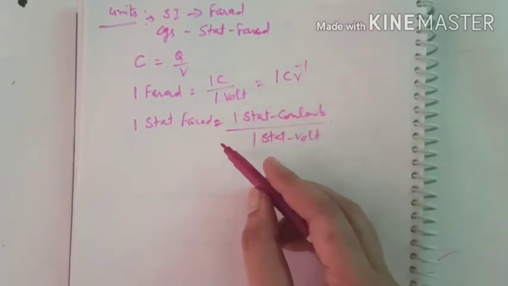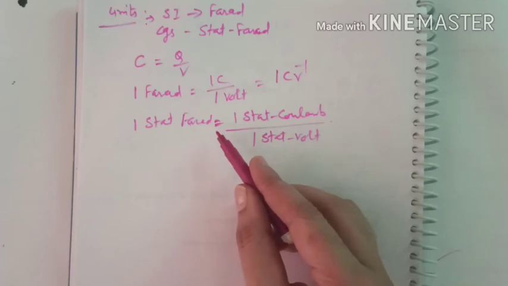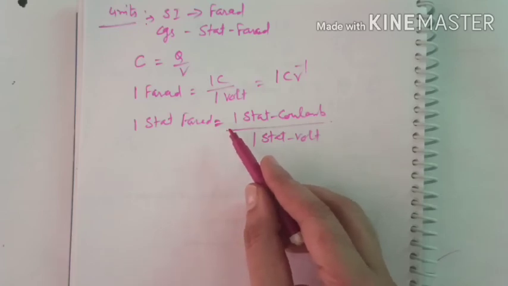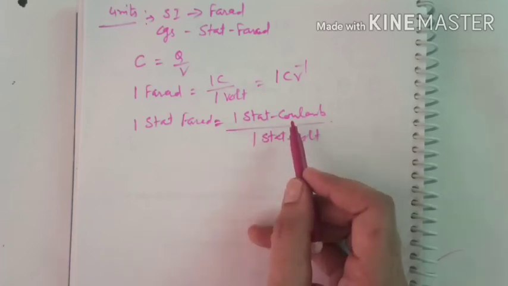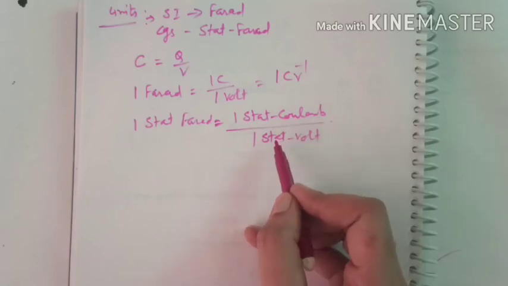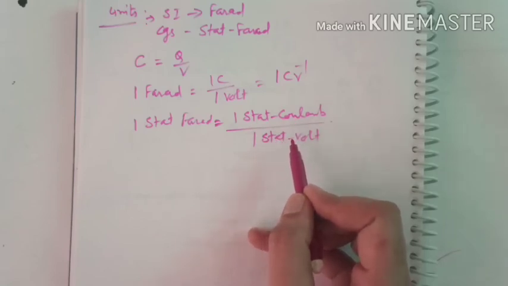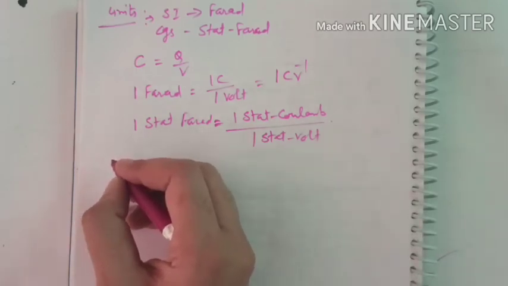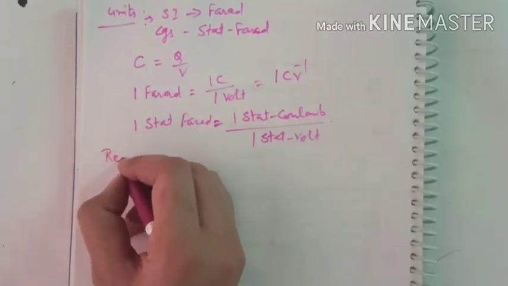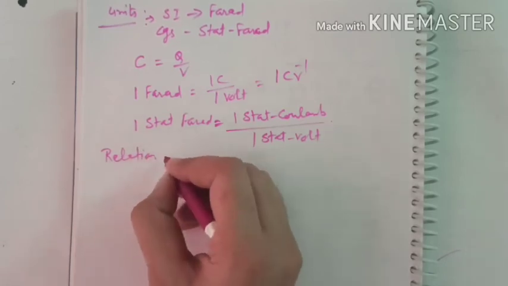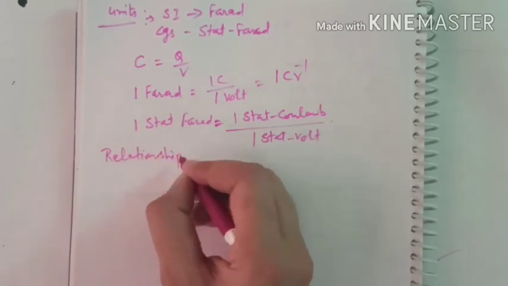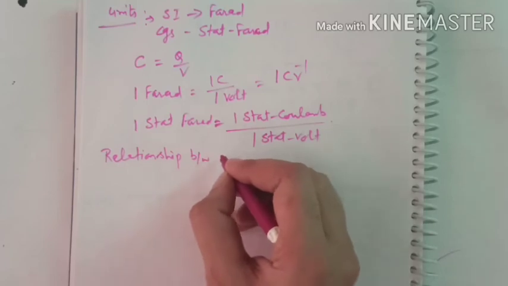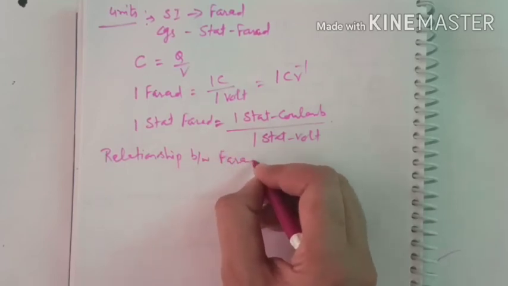The capacitance of a conductor is said to be 1 stat farad if a charge of 1 stat coulomb raises its potential through 1 stat volt. The next is the relationship between farad and stat farad.